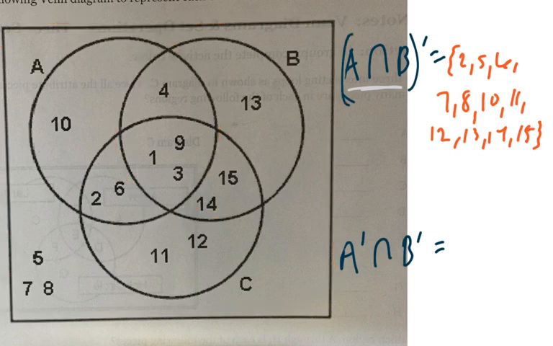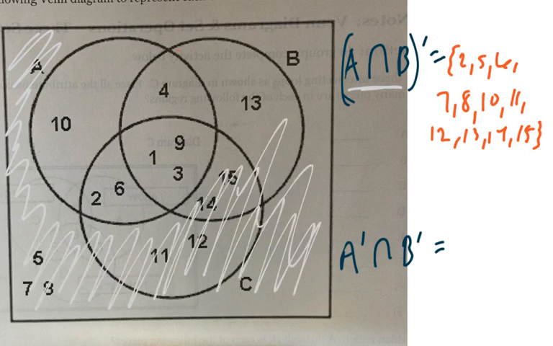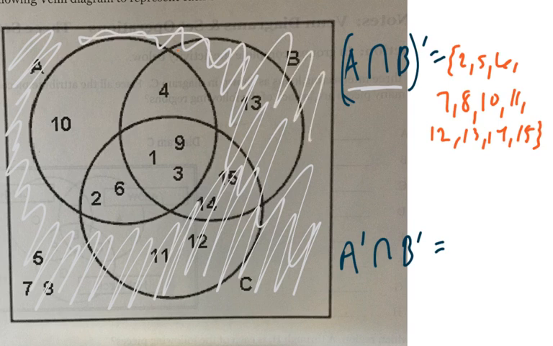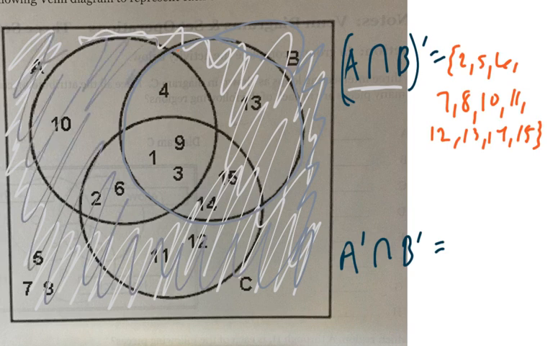Then we look at A complement intersected with B complement. A complement I'm going to shade in light gray. Remember, it's everything in the universal set that is not in A. And in dark gray, I'm going to do B complement, which is everything in the universal set except for B. The intersection of those two is what's shaded both colors, so that's these regions right here.